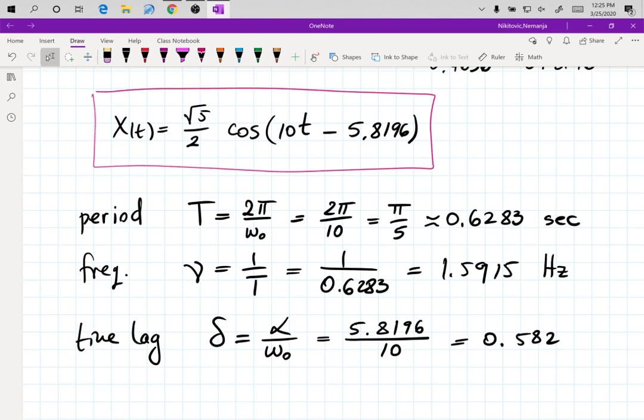I think we beat this problem to death. There is nothing else. We can graph it, and that will be it. So this is what a simple harmonic motion problem looks like when you do not have C involved.